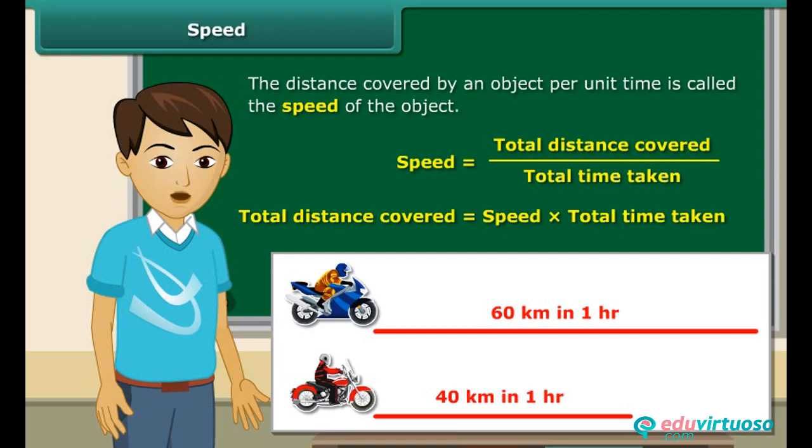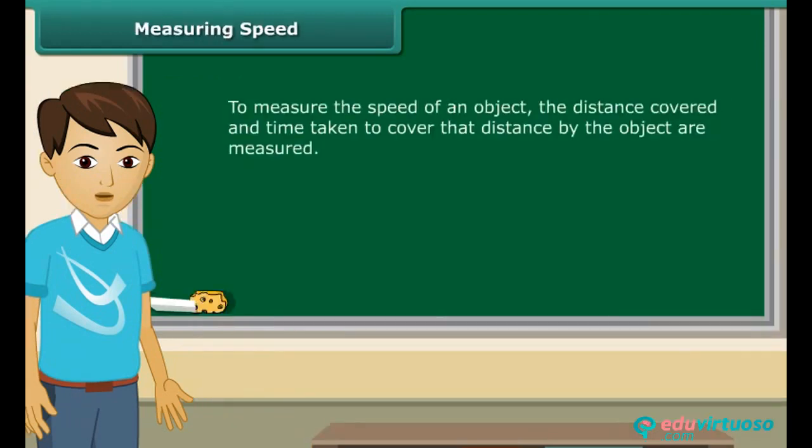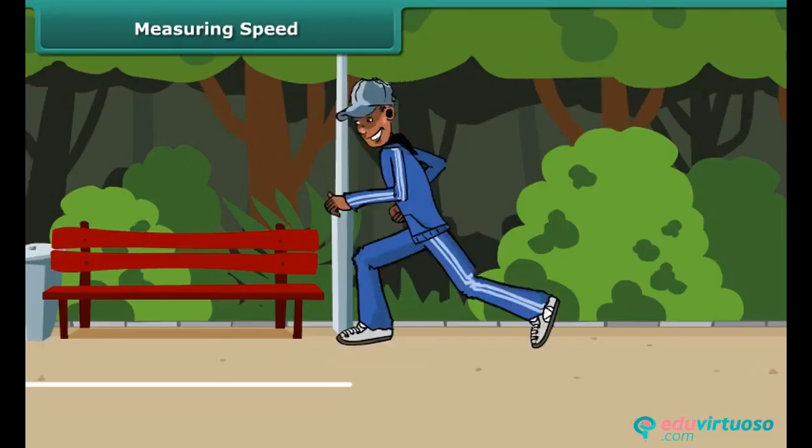The speed of your brother's bike is 60 kilometers per hour and that of his friend's bike is 40 kilometers per hour. Your brother's bike is certainly faster than his friend's because its speed is greater. To measure the speed of an object, we measure the distance covered and time taken to cover that distance by the object. After that, we apply the formula of speed.